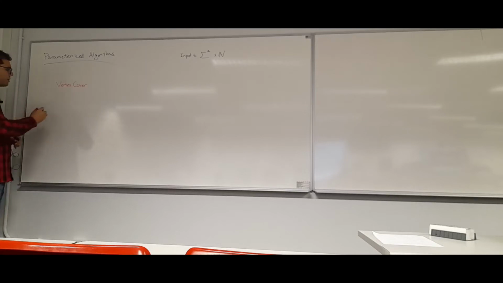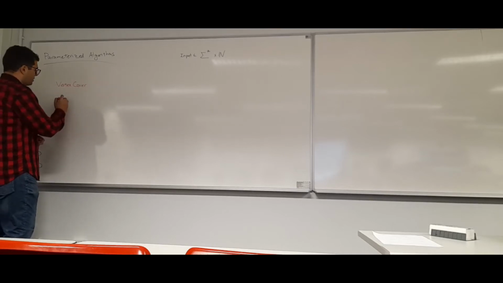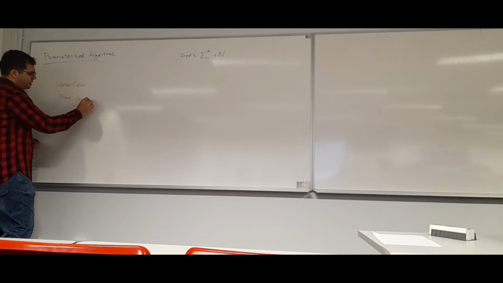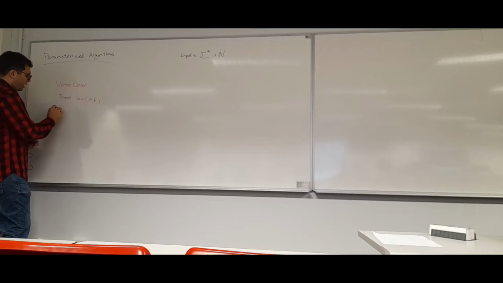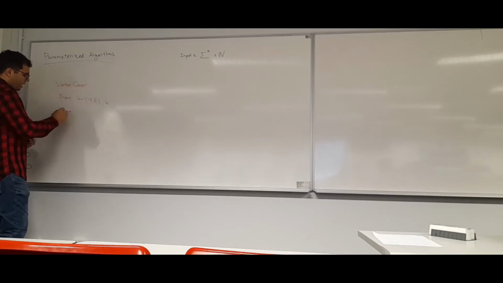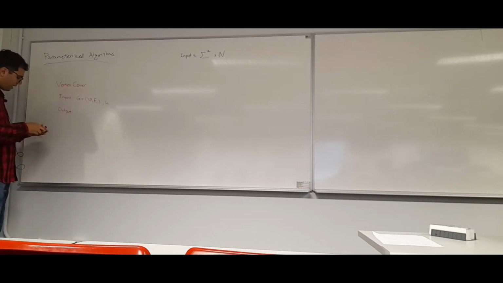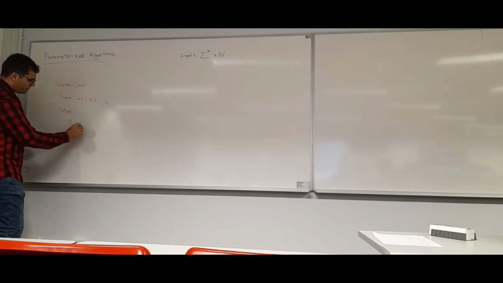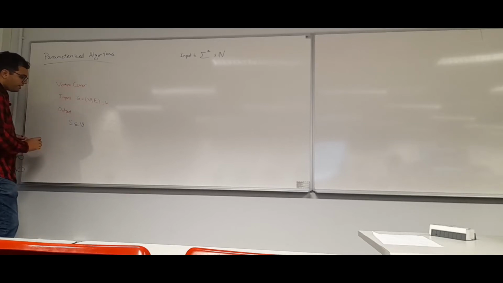Okay, so let's say my input is some graph G, and let's say that I also have some integer K, and the output is that I have to decide if there is some S subset of vertices such that every edge has one of its endpoints in S.